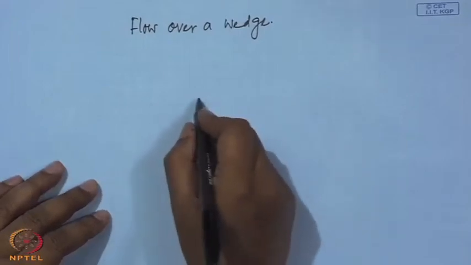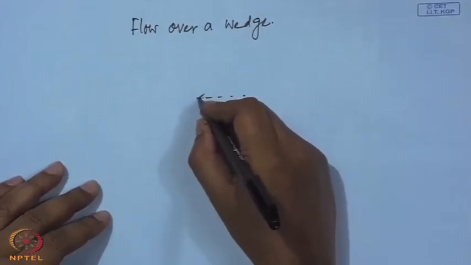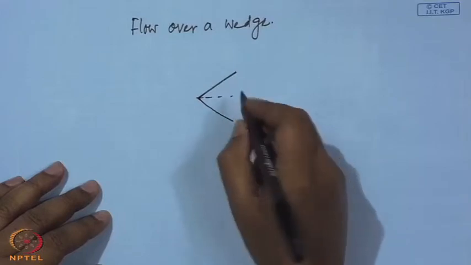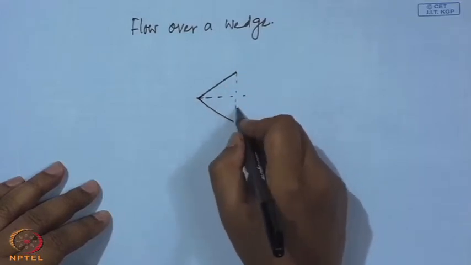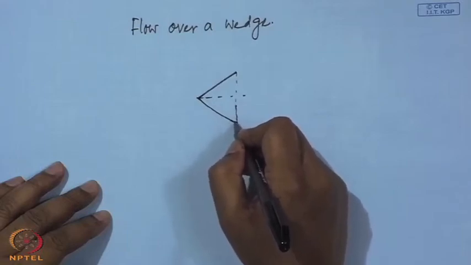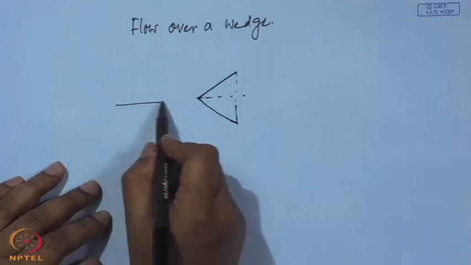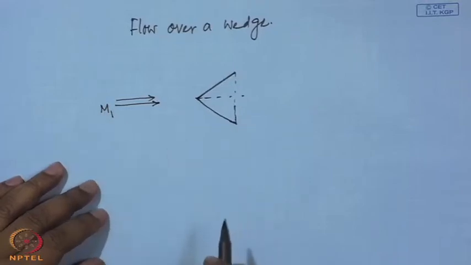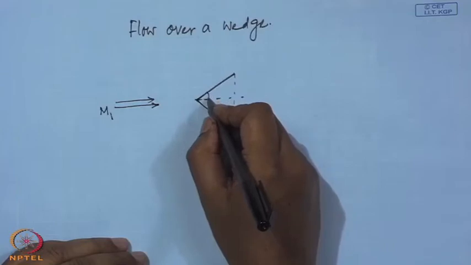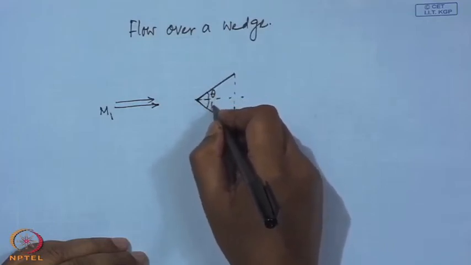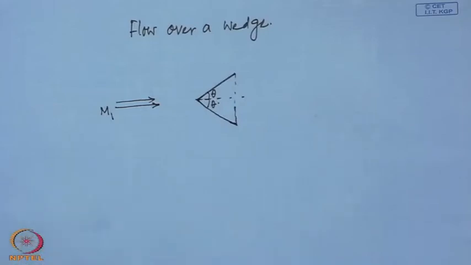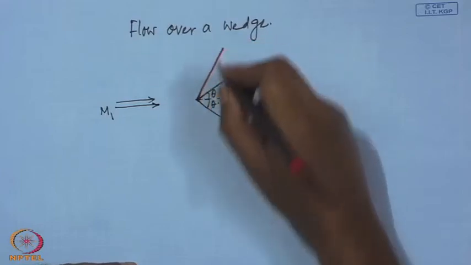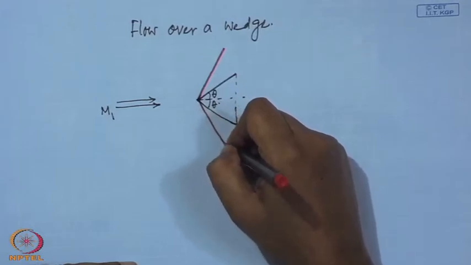If the wedge is symmetric, let us say that both angles are theta, and the flow will be obtained by two oblique shocks of angle beta.